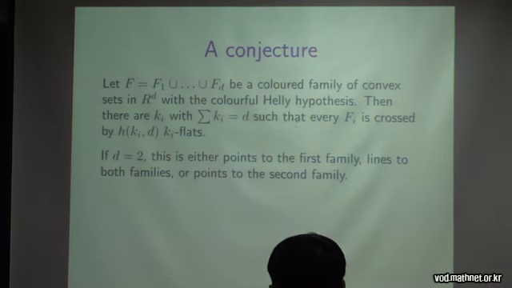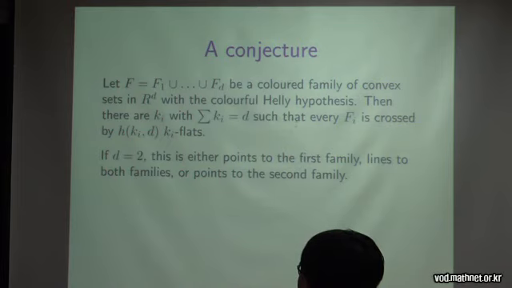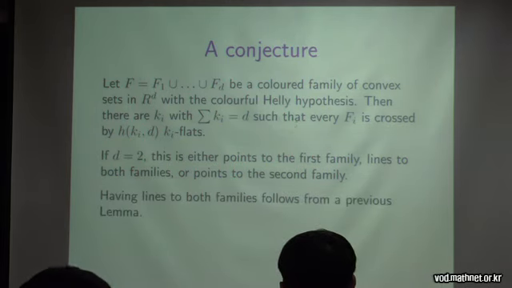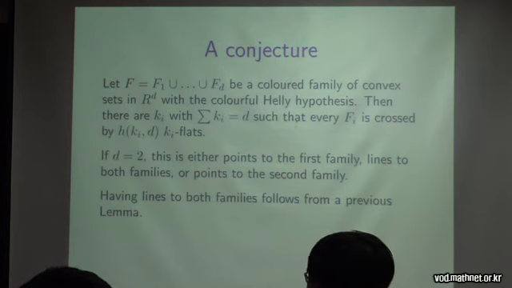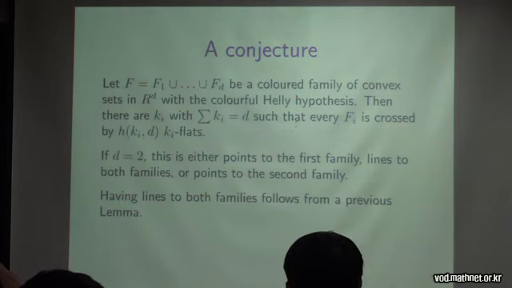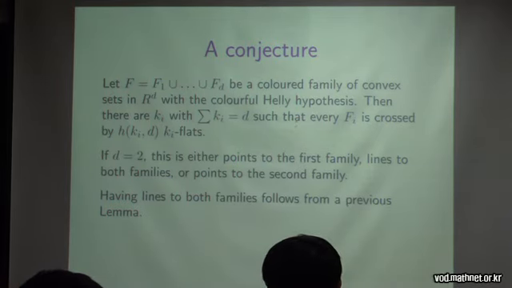The 1, 1 is lines to the first and lines to the second, and the 2, 0 is planes to the first, which means nothing, and points to the second. So this we know does happen. So for D equals 2, it holds. Having lines is the lemma I showed you, and having points is just colorful Helly.